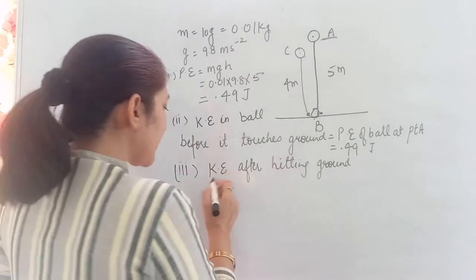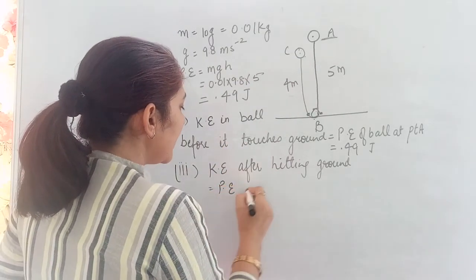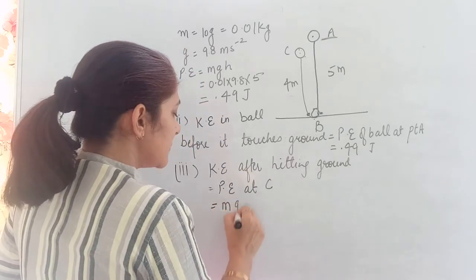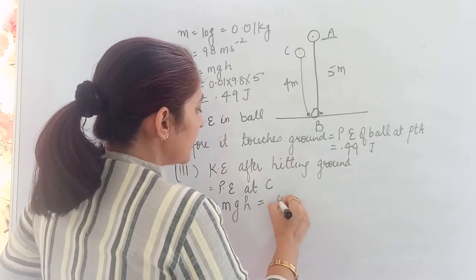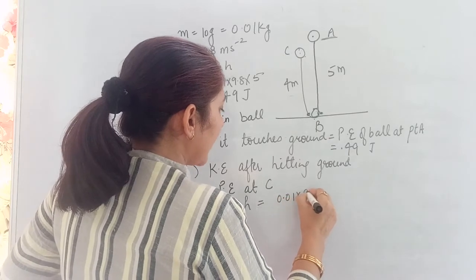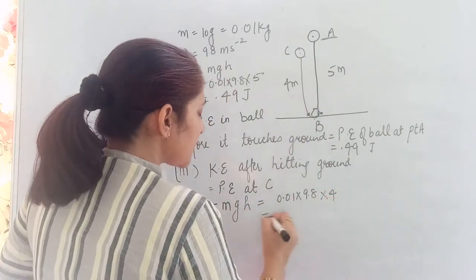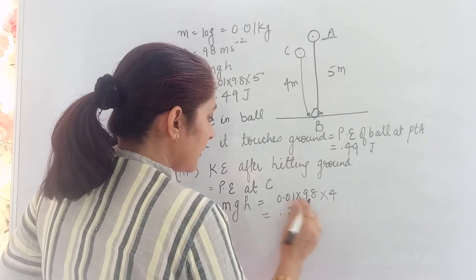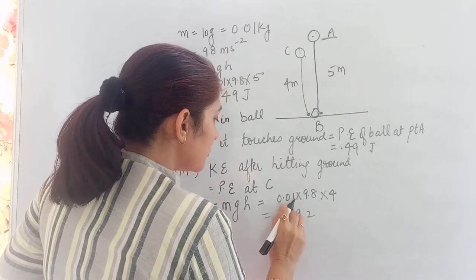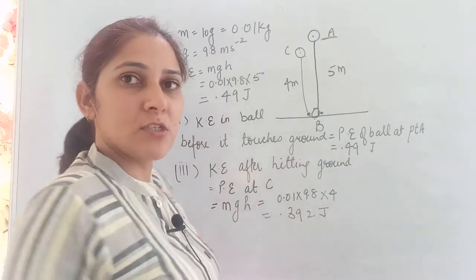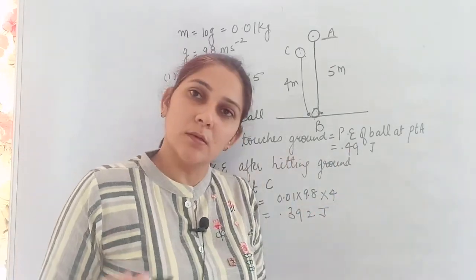So that is equal to potential energy at C. mgh is equal to 0.01 into 9.8, and height now we are taking as 4. So this is 0.392 joules. That means out of 0.49 some amount of energy is wasted in the form of heat and sound.